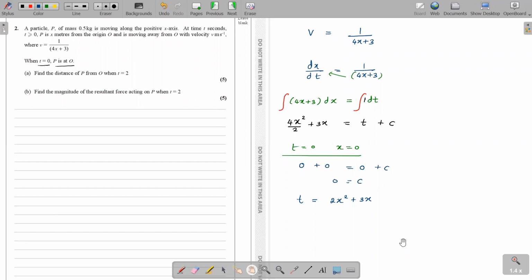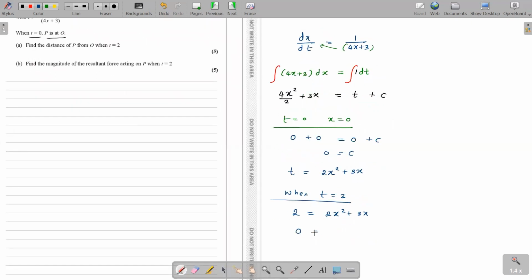Anyway, we need to find the distance when time is 2. So what do you need to do here? Find the distance of P from O when time equals 2. So replace t with 2 here. When t is equal to 2, 2 equals 2x square plus 3x.